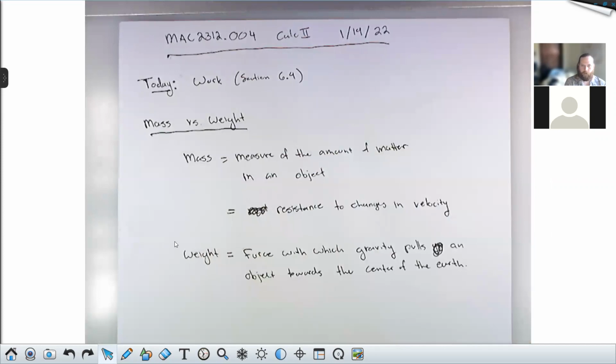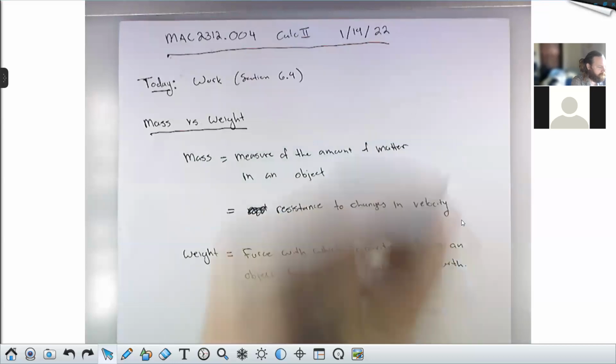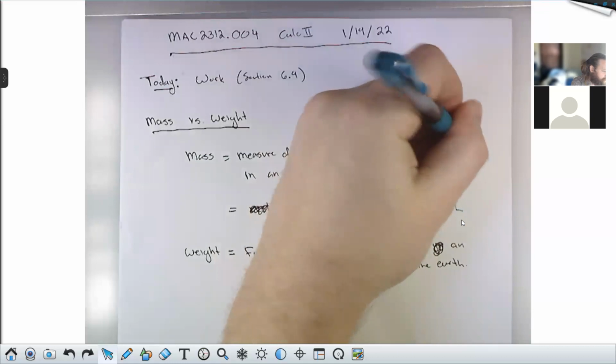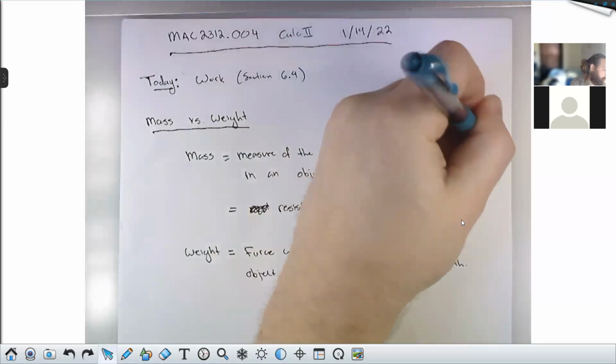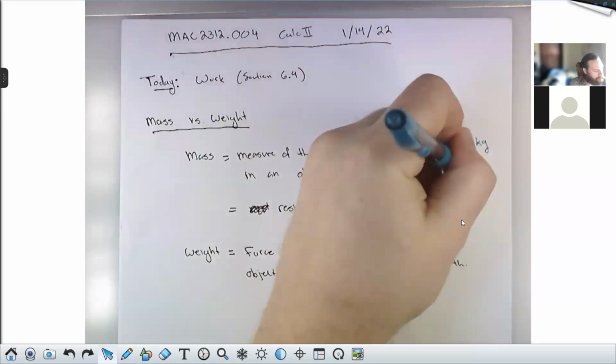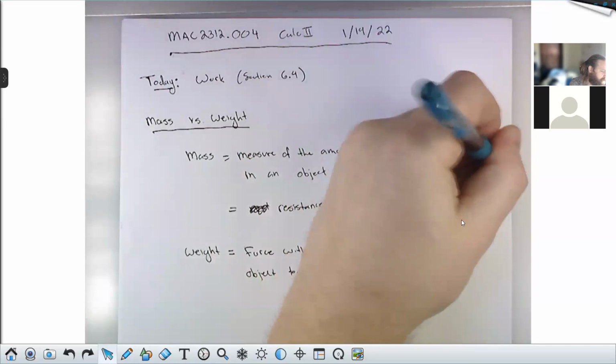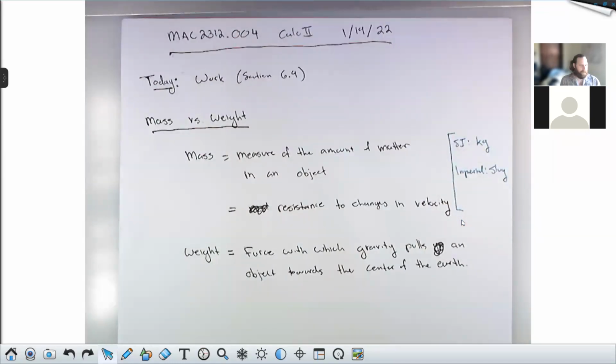Your weight, which you usually think of, since it's America, in pounds. If you want to get your mass from your weight, the imperial unit for mass is not the kilogram, right? That's the SI unit for mass. The imperial unit for mass is the slug, which is a very silly word.